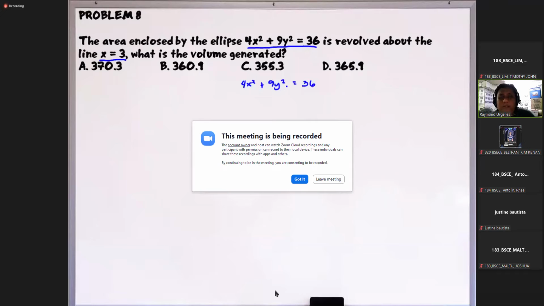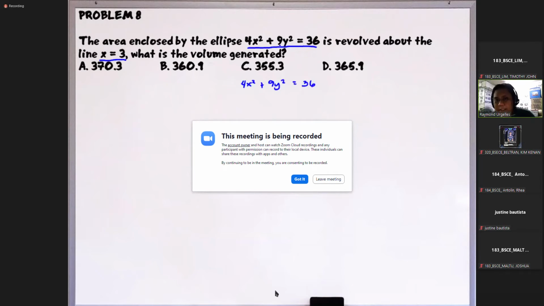Kasi pag meron tayong x term saka y term, so ibig sabihin we are not centered at the origin. Pero pag wala kayo nakikitang x term saka y term, wala ding xy term, we only have the x squared, the y squared, and a constant. Diba? So alam natin that this is either a circle, an ellipse, or a hyperbola, which is centered at the origin. Diba? So pero sinabi naman dito ellipse. Diba? Kaya alam natin na ellipse to.